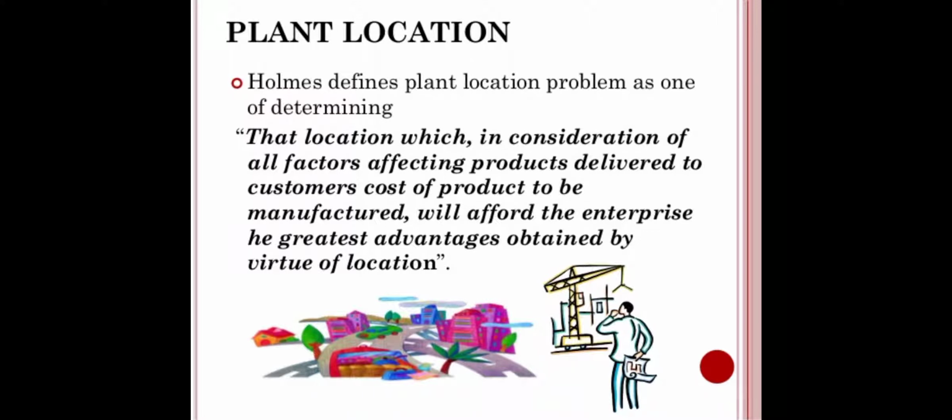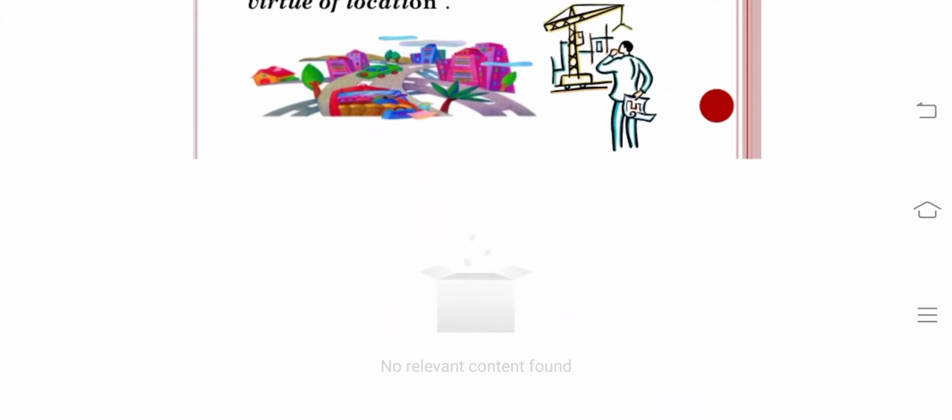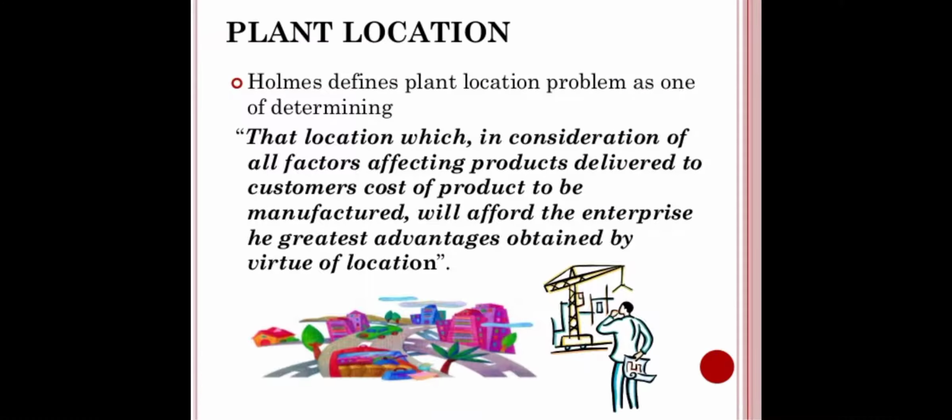So the location problem that Holmes defines, that solving the location problem is determining that location in which consideration of all factors which affect the product that is delivered to the customer, the cost of product to be manufactured, and whether it is affordable to the enterprise.